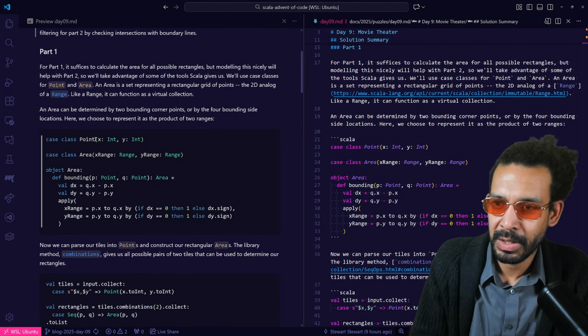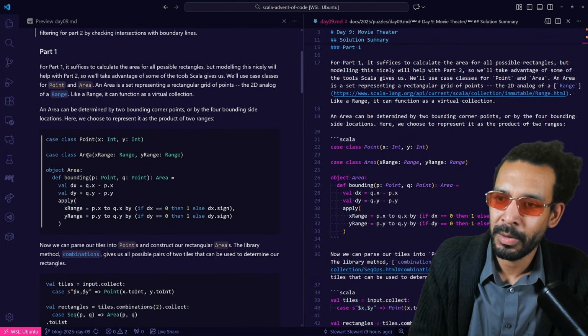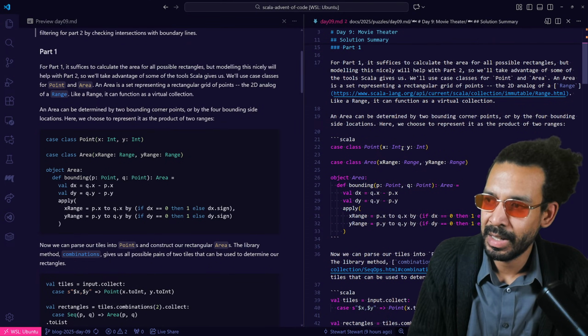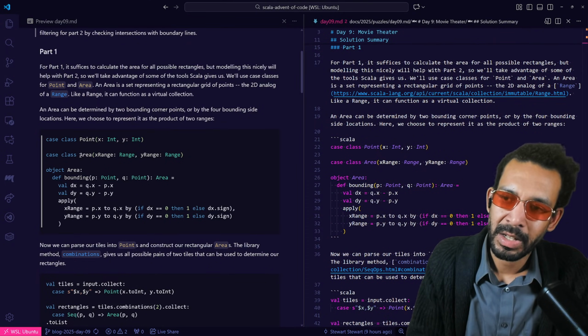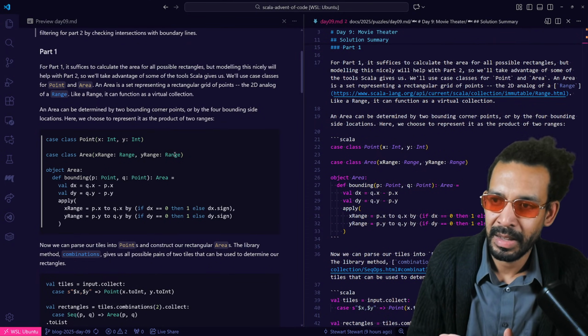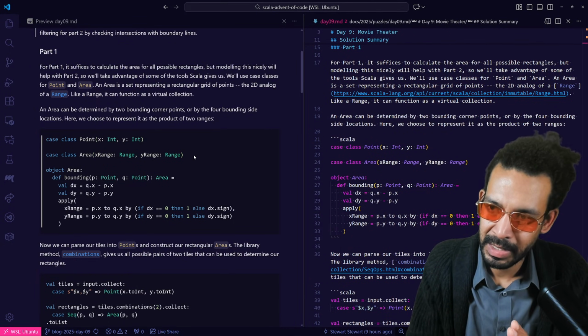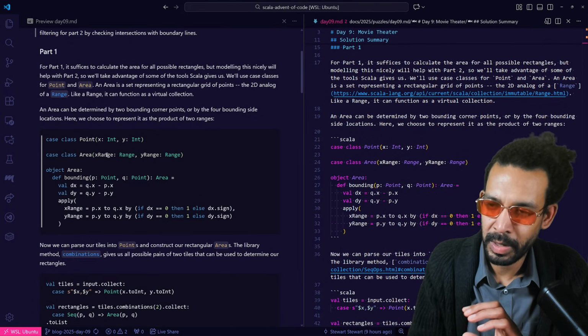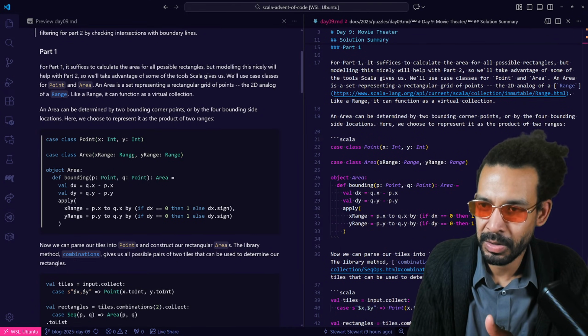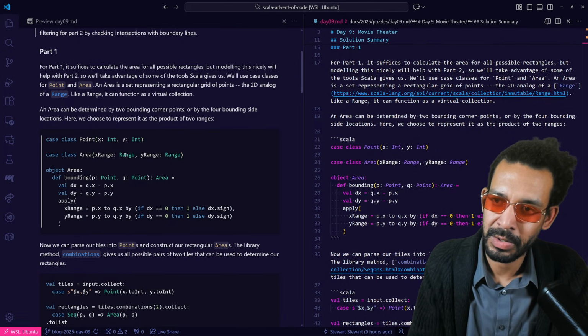But basically, we parse into a point and an array. An array, I mentioned, is basically the 2D analog of a range, right? It's not an actual grid. It's not an actual 2D array, just like a range is not an actual array of integers. It just represents that range of integers.